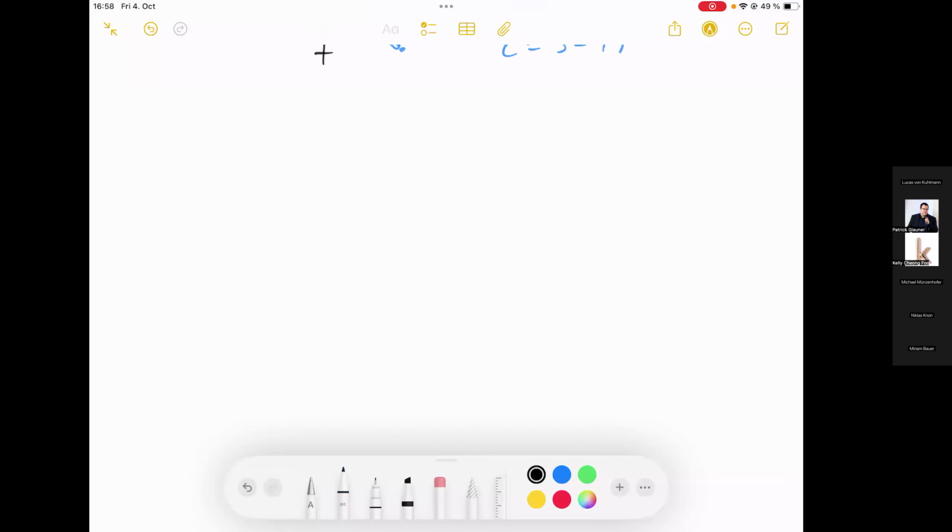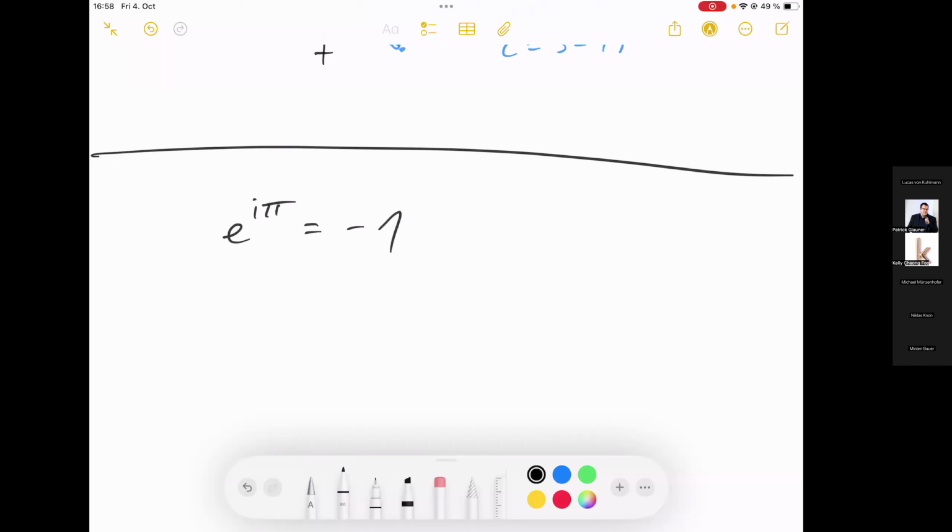And I will ask you if you have ever seen something like this. e to the i times pi is minus 1. Who has ever seen something like this before, somewhere on the internet? Maybe thumbs up or thumbs down if you have never seen this.